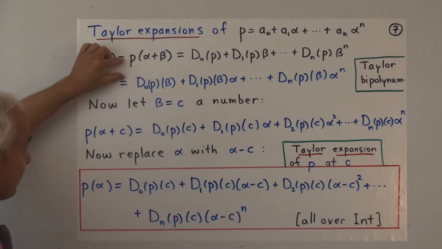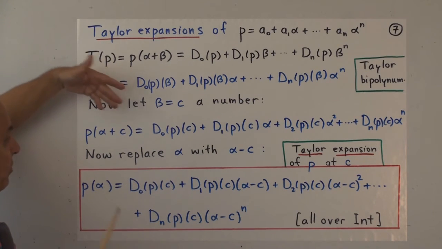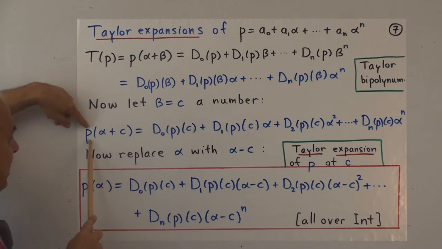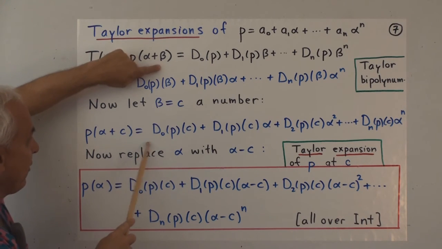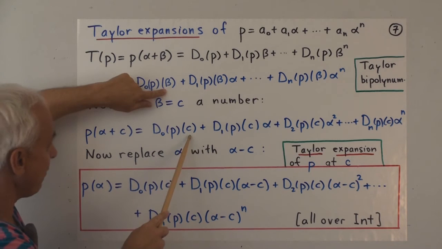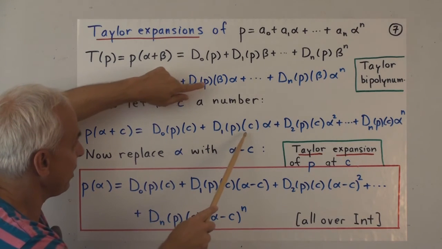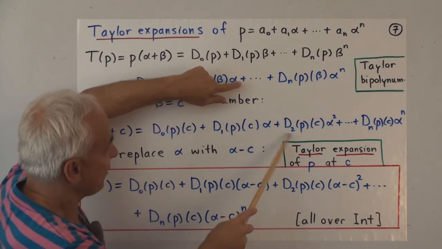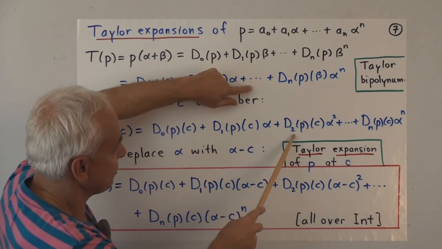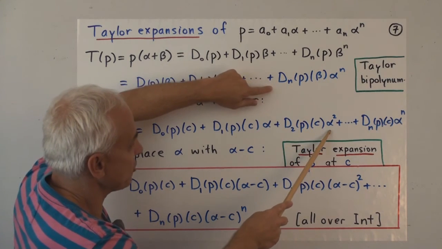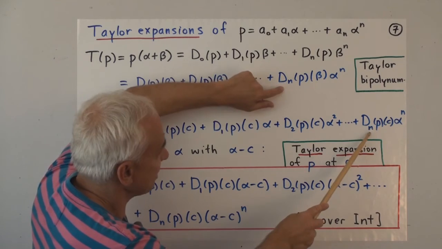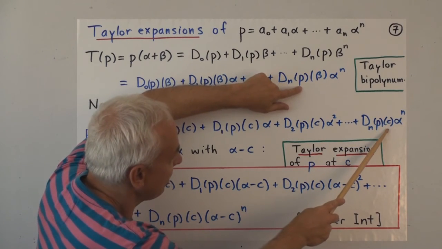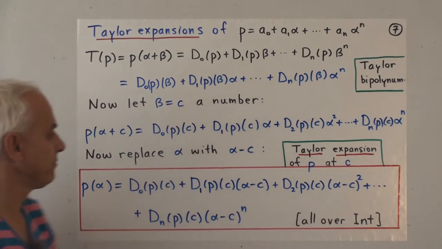So we're just going to rewrite this formula with beta replaced with c. p of alpha plus c equals d0 of p of c plus d1 of p of c times alpha plus, and I put in the next term, d sub 2 of p of c times alpha squared, all the way up to d sub n of p of c times alpha to the n.